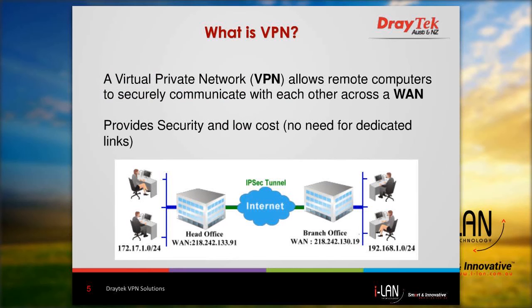So there is no need for a dedicated link between two sites to securely exchange data. So it becomes an extension of a private network encompassing links across shared or public networks such as the internet. This means that you can send data between two computers across a shared or public network in a manner that emulates the properties of a point-to-point private link.